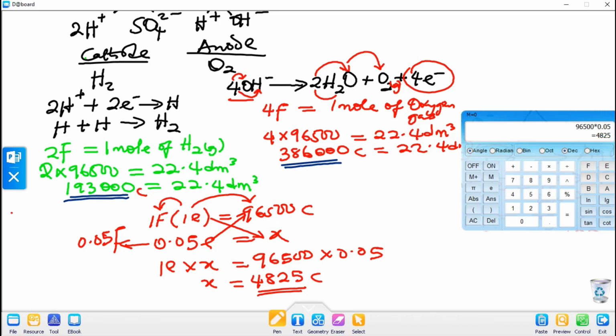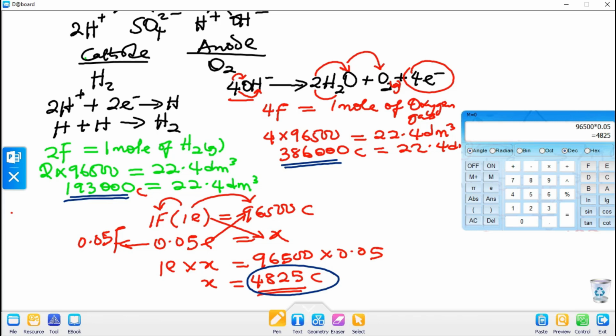So 0.05 moles of electrons by value is 4,825 coulombs of charge, because electrons constitute this electricity. That is, the flow of electrons constitutes this electricity we are talking about. So I just want us to understand the value of 0.05 moles of electrons.